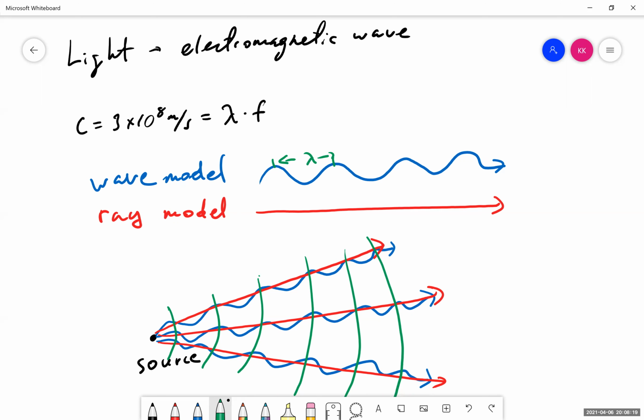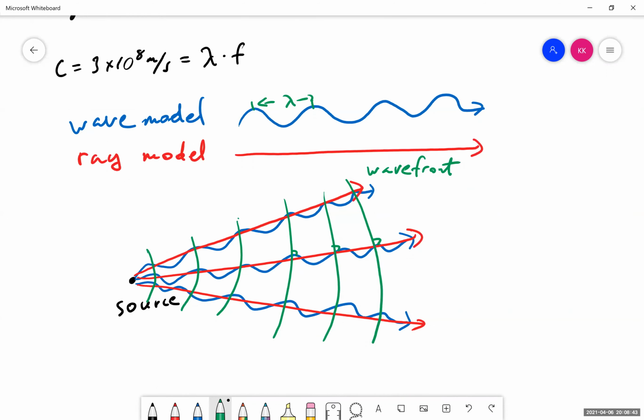So we have wave fronts. We can always assume that whenever the light goes through that wavefront, it always has to be perpendicular to it. That means it's easy to use this geometrical approach to look at the light. You have those wavefronts, and then you can draw those ray diagrams, those rays of light that are perpendicular to those wavefronts.